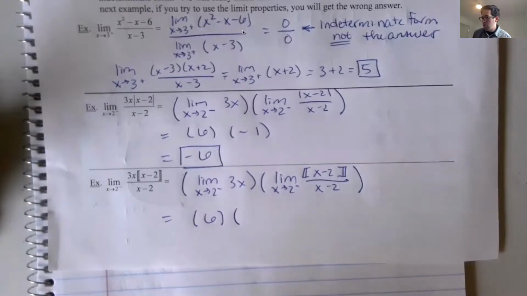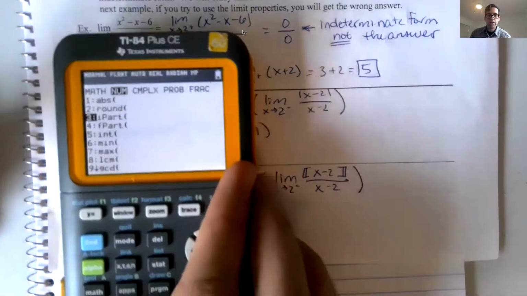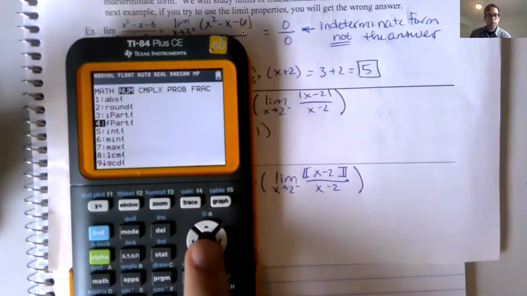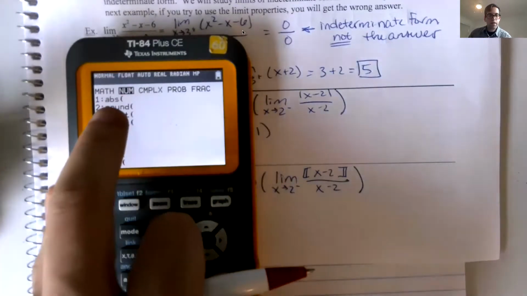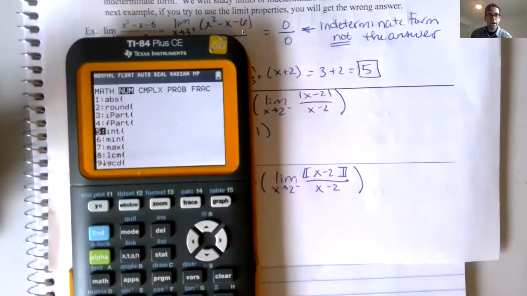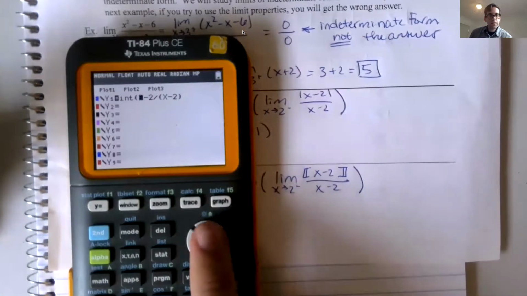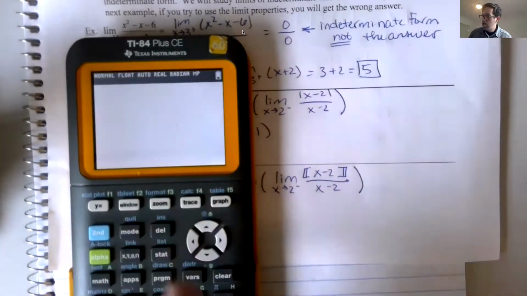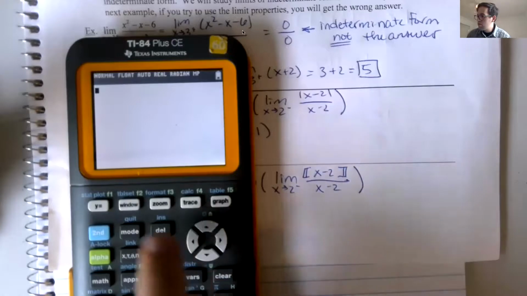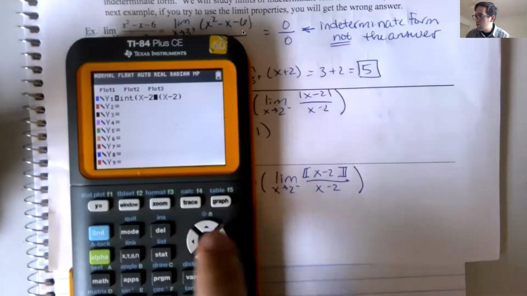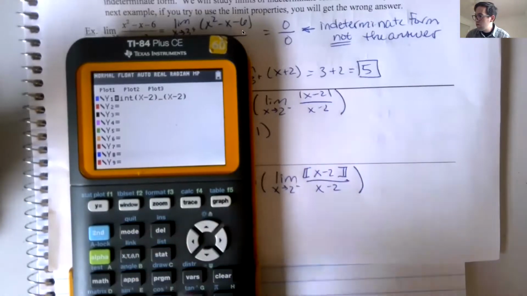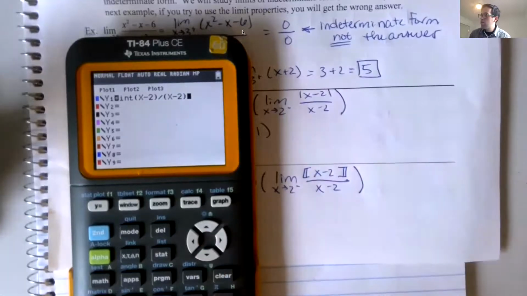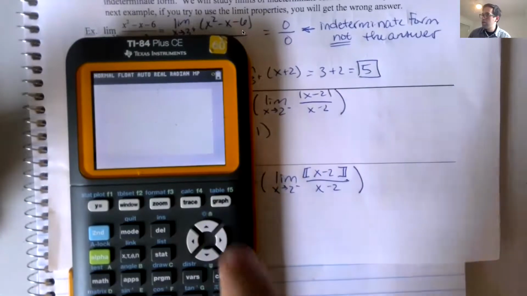So if you are wondering how to graph a step function, it's in the same tab where the absolute value is. It's number 5, int. Oh, geez. There we go. Okay. An integer function of x minus 2 over x minus 2. Let's take a look at the graph.